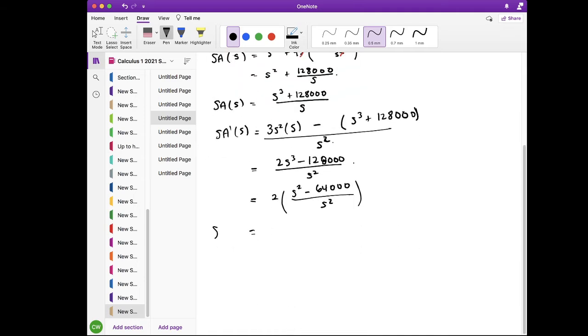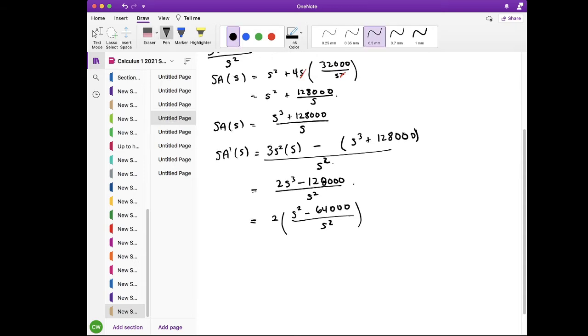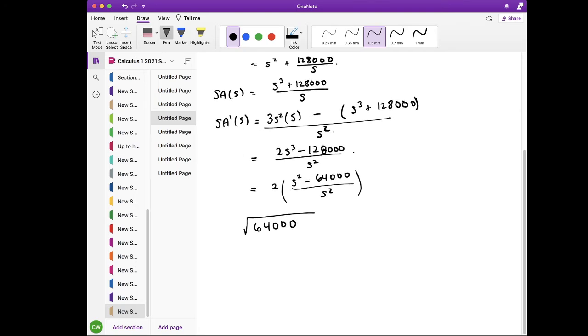Okay, so SA prime. Alright, so the nice 0 is square root of 64,000. The positive one. Alright, so if it's 800 times 80, then this is 100 times 8 times 80, 8 times 8 times 10.